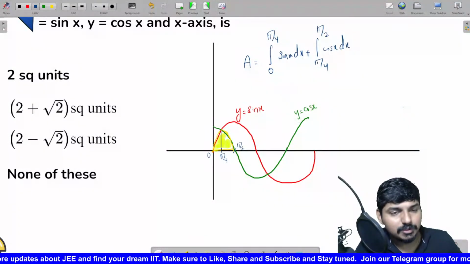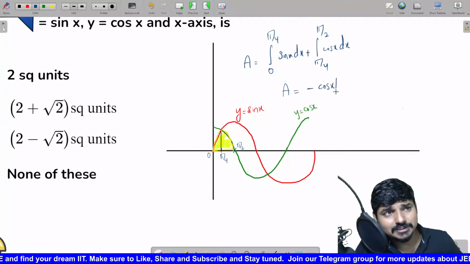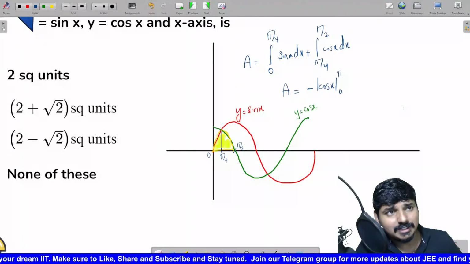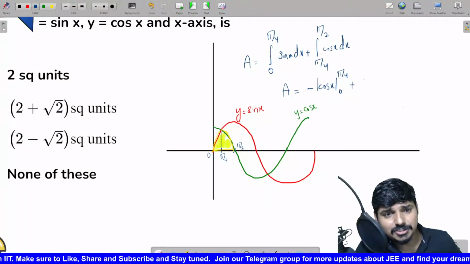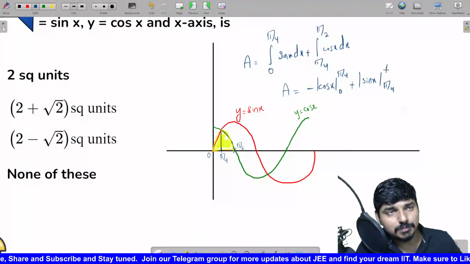Let me do the solution here. A is equal to the integration of sin x, which is minus cos x, in the limit 0 to pi by 4, plus the integration of cos x, which is sin x, in the limit pi by 4 to pi by 2.